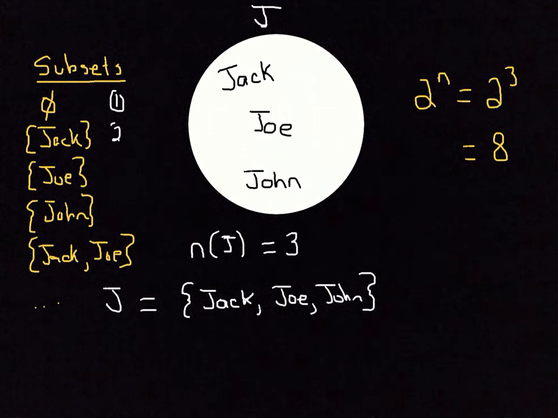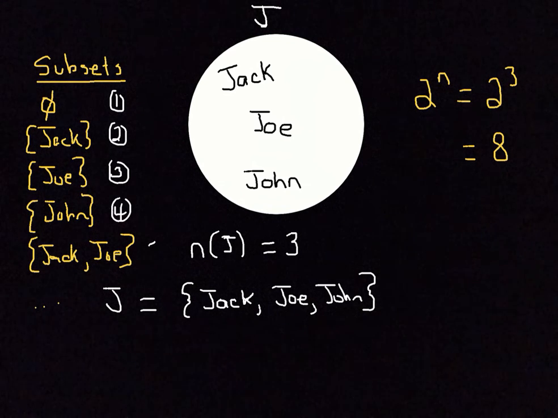Jack would be 2, Joe would be 3, John would be 4, Jack and Joe would be 5, Jack and John would be 6, Joe and John would be 7, and then Jack, Joe, John, all 3 of them, is still a subset, that would be 8. So 2 to the n is how many subsets you could have. If you have 3 elements, you could have 8 different subsets.